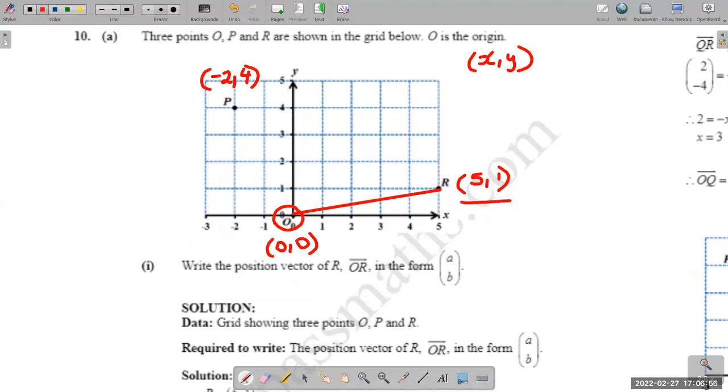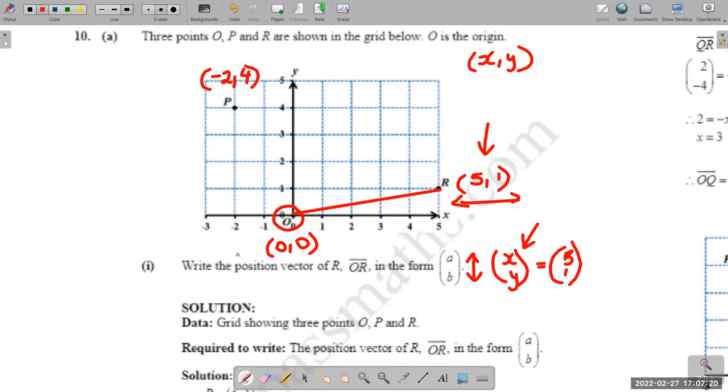But instead of having it horizontal, which form do they ask you for? The vertical form. And what we should remember is who always comes first: X always comes first and Y always comes second. So we just change this format to this format. The answer is simply 5 over 1.